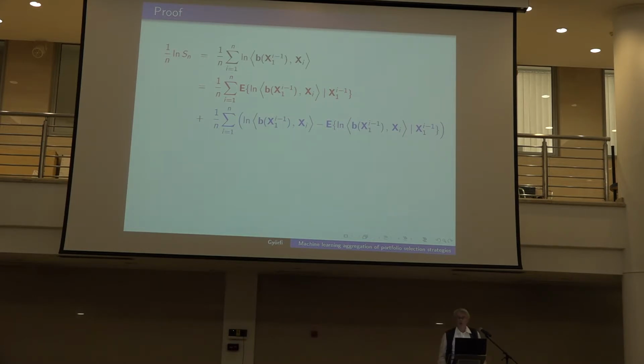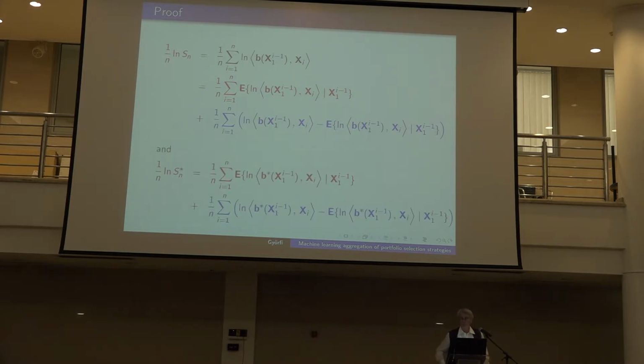Because the blue average is an average of martingale differences. And from kindergarten, you know that under very mild moment conditions, the average of martingale differences goes to 0 with probability 1. So the two red expressions are almost the same.